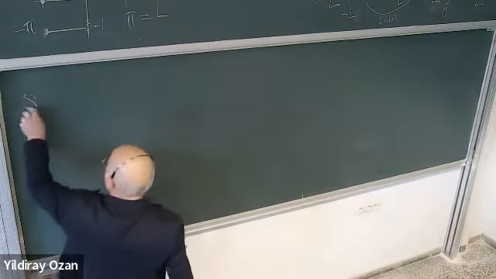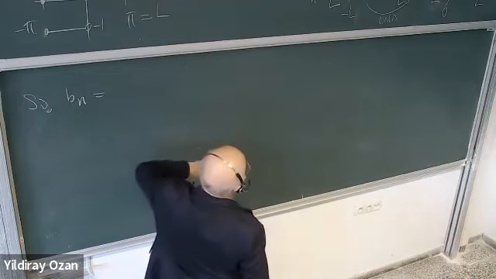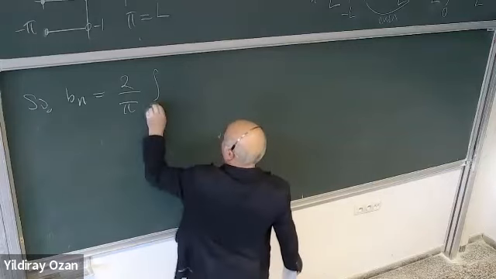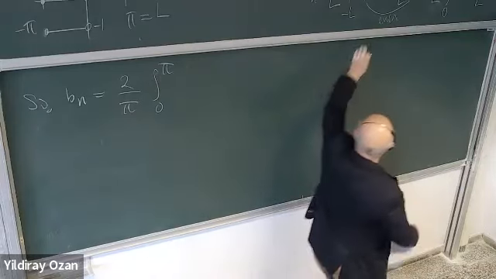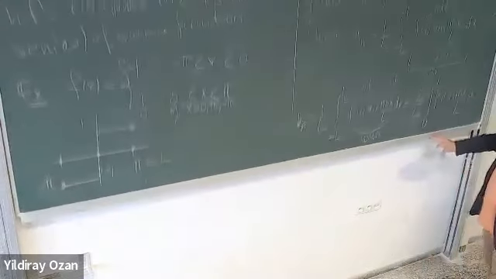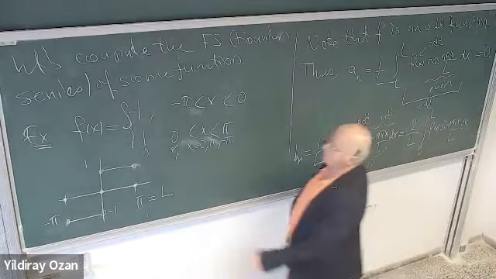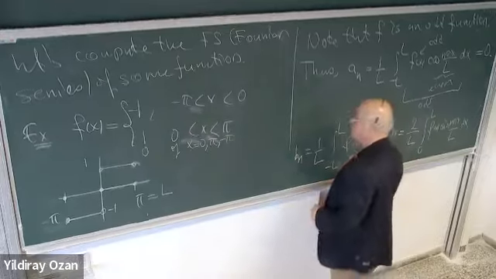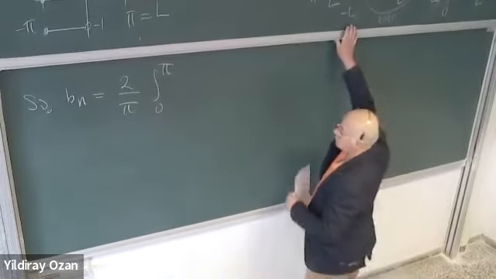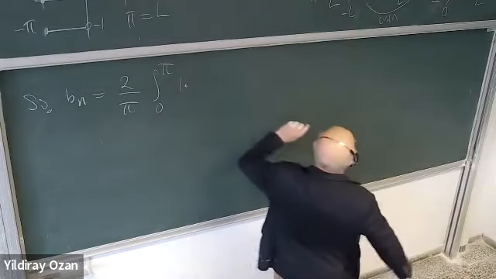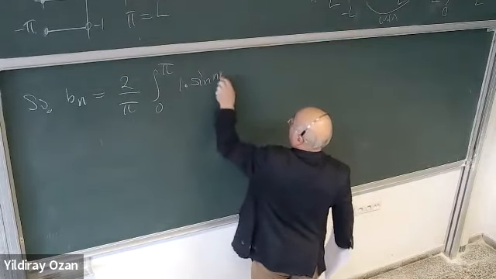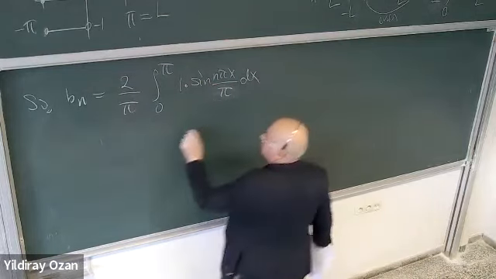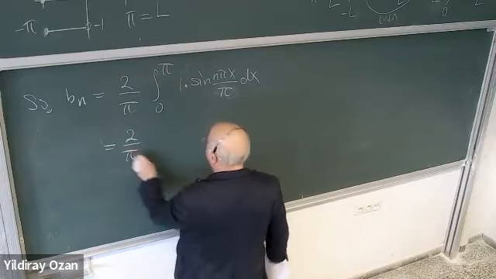So bn is just 2 over pi, integral from 0 to pi. Now what about f from 0 to pi? Well, f is just 1 there. So 1 times sine n pi x over pi dx. So this integral is just 2 over pi.